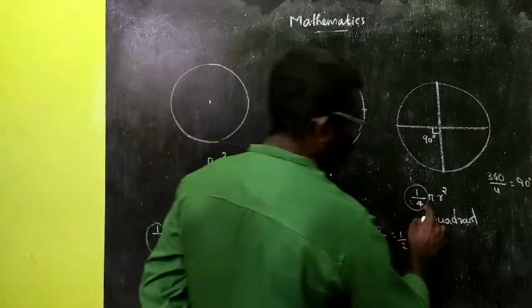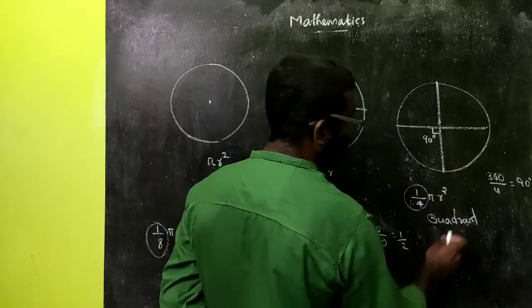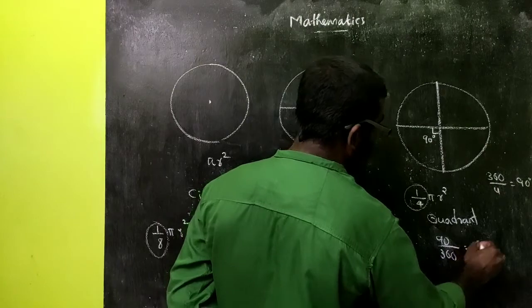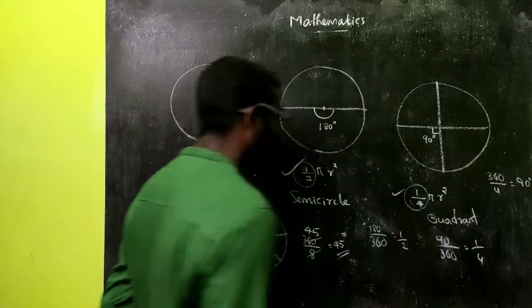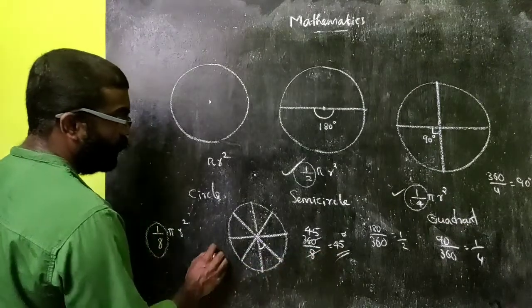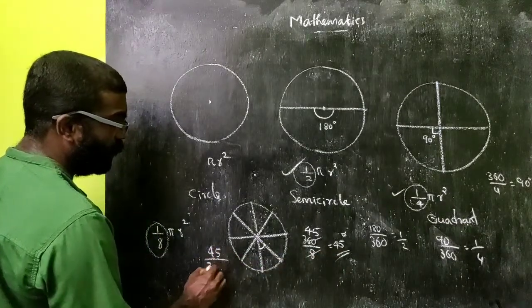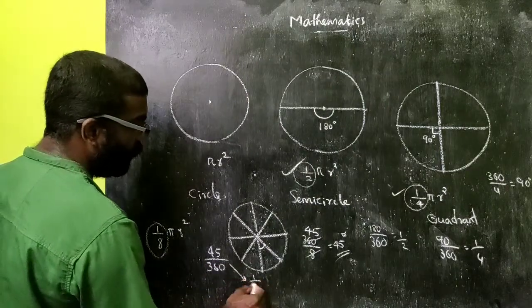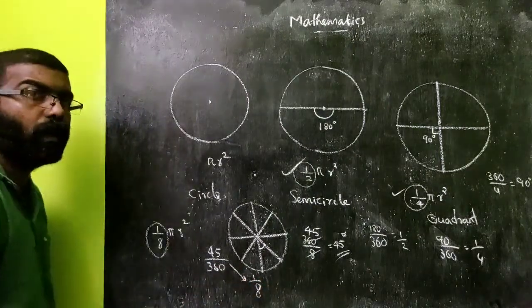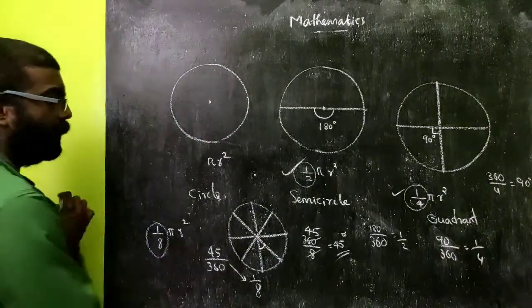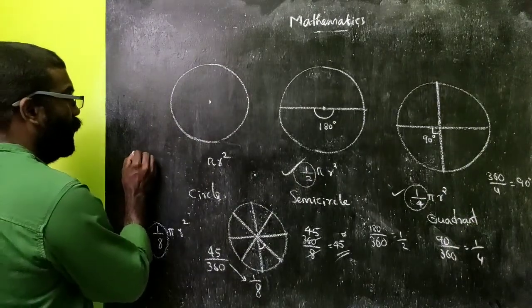And here 1 by 4, the central angle is 90 degrees, so 90 divided by 360 gives 1 by 4. And here the central angle is 45 degrees, so 45 divided by 360 gives how much? 1 by 8.